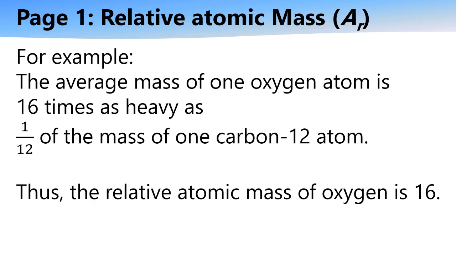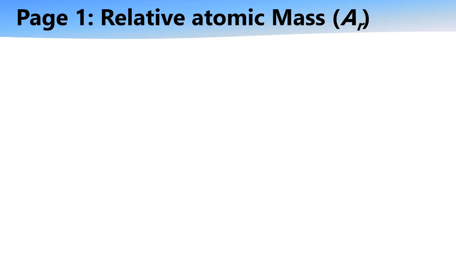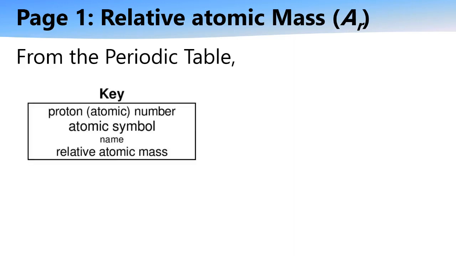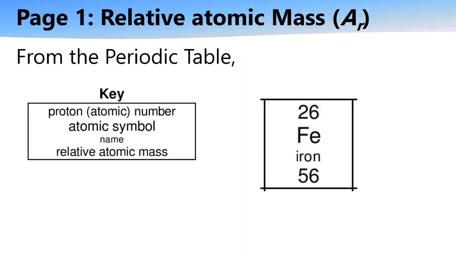Therefore, the relative atomic mass of oxygen is 16. If that still doesn't make you understand, it's okay. You just need to memorize the definition. But the main concept is from the periodic table. If you look at the key, the relative atomic mass is the bigger number, which you can find at the bottom of each chemical symbol.